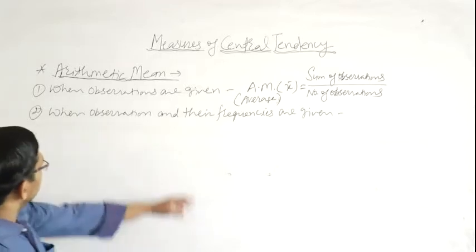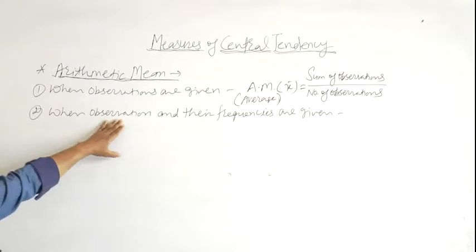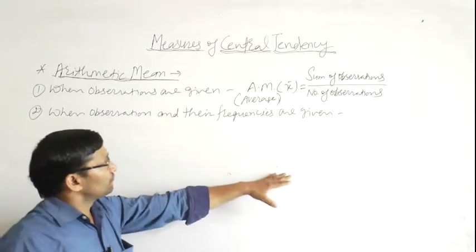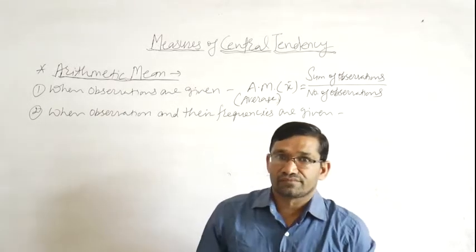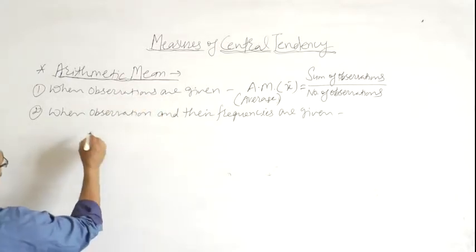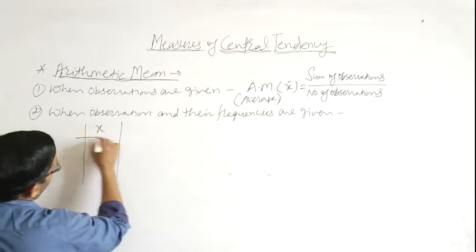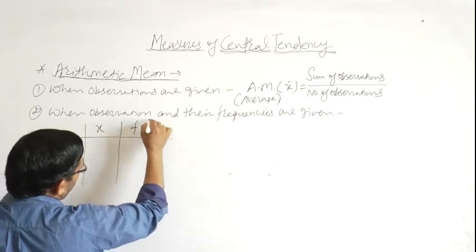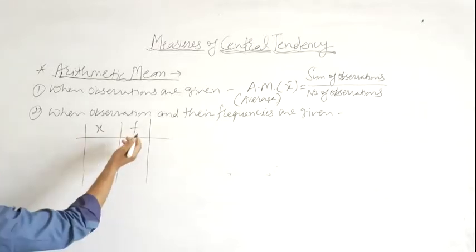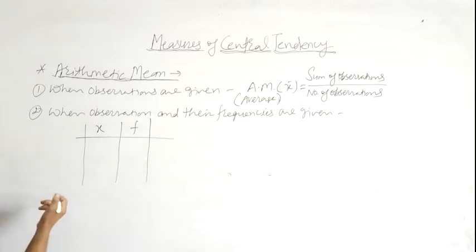Okay. Today we see the second condition. The second condition is when observations and their frequencies are given. Suppose we have observations. Observations are represented by x and frequency is represented by f.